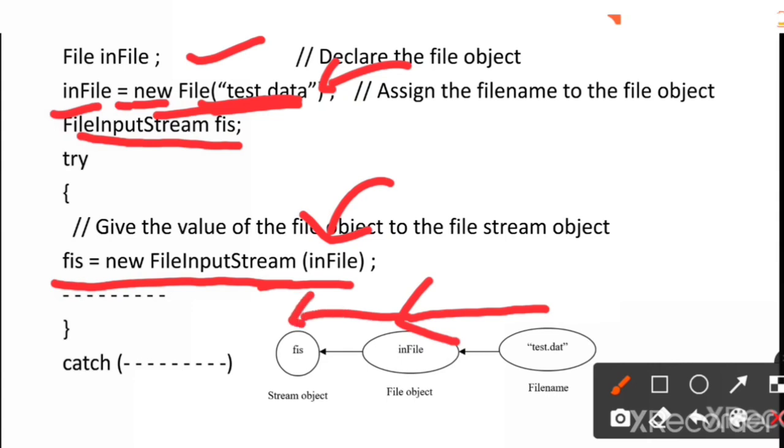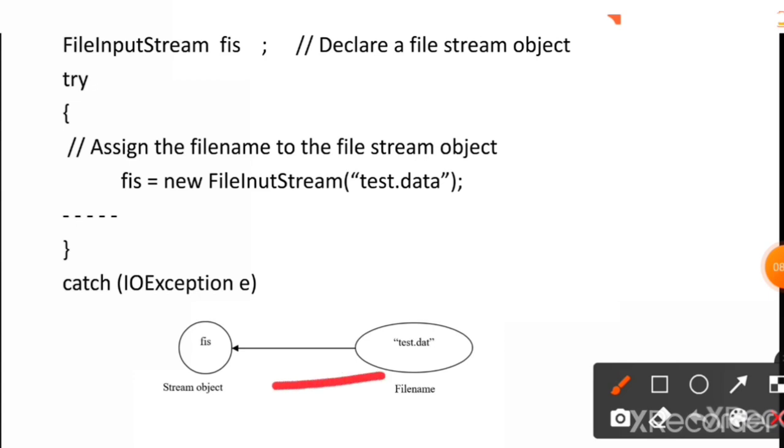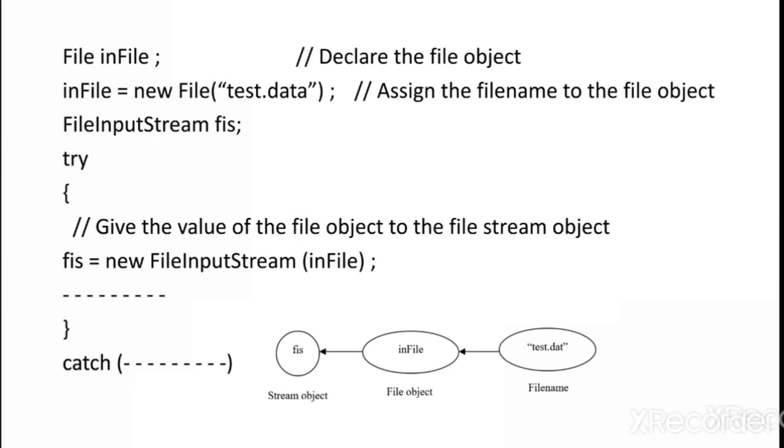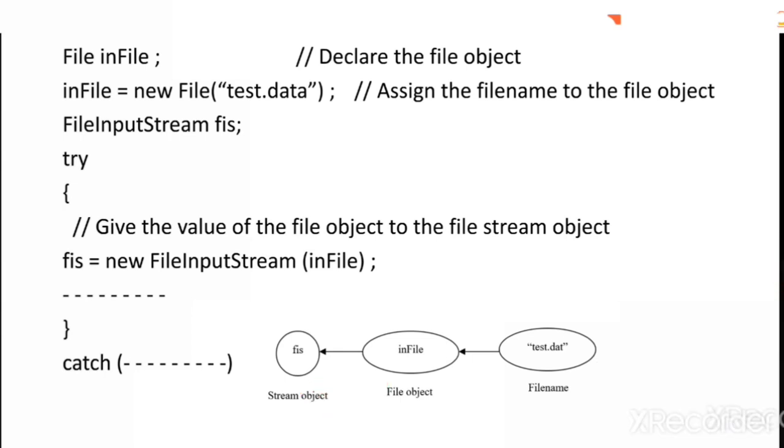This is the second approach of handling the file. So in the first approach, we have directly linked the file to the stream object. In the second approach, we have linked the file to the file object, and the file object is linked to the stream object.